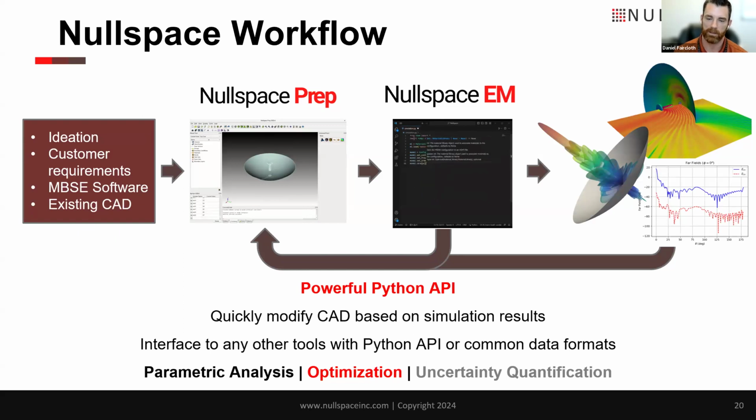And running throughout our entire family of products is a very powerful Python API that allows you to parametrically and programmatically create geometries, automate the mesh creation, automate simulation processes, automate post-processing workflows, and provide that important feedback loop to support very complex parametric analyses, optimization, and uncertainty quantification.